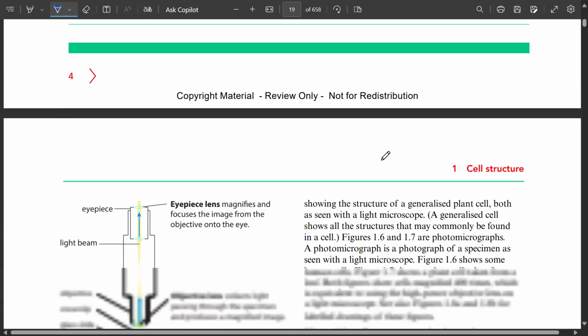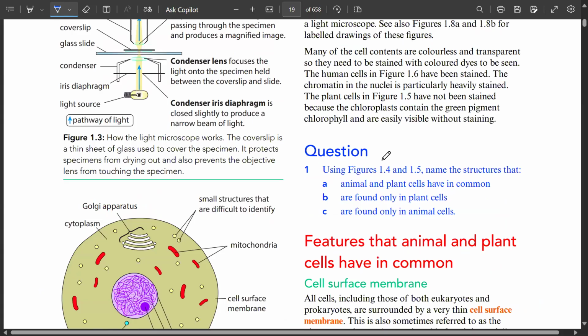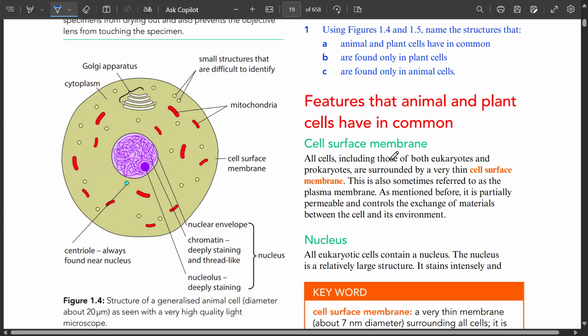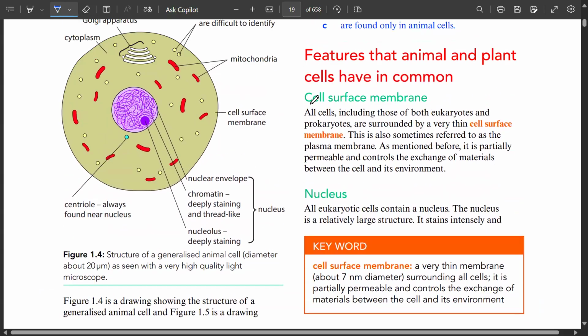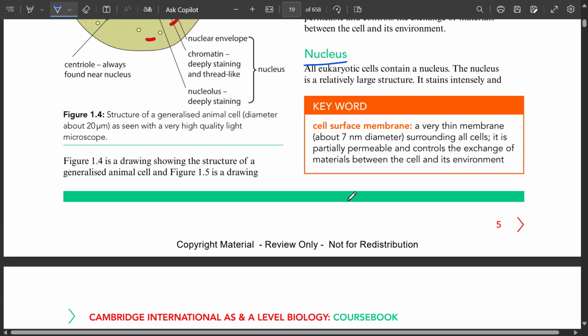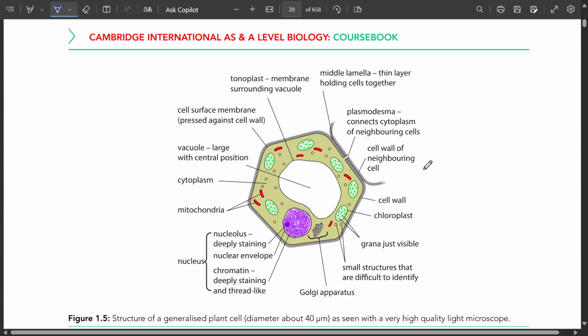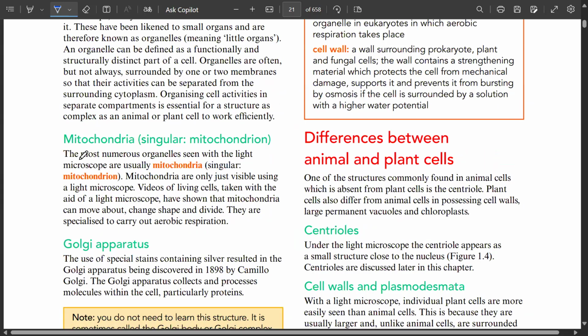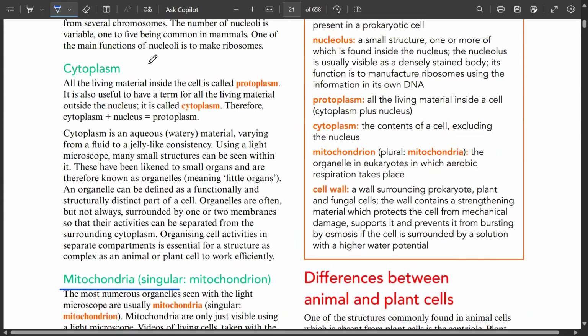Now, from a paper point of view, you only have to remember the difference between light and electron microscope. Nothing else. No labeling, nothing. Also, you should know the difference between plant and animal cells that you already know as well. The basic structure of a plant cell, the basic structure of an animal cell, the basics of these organelles, because we haven't started the detail of some of these.